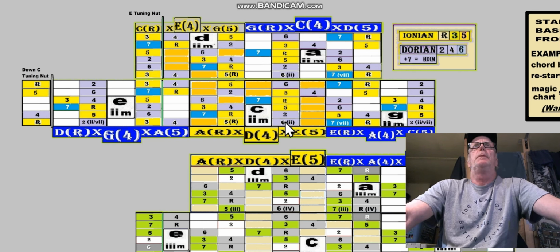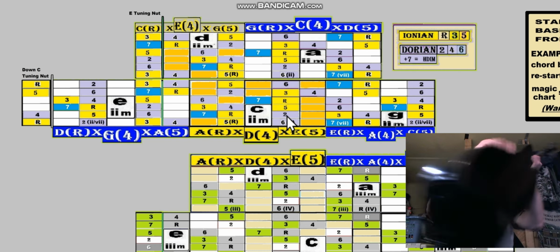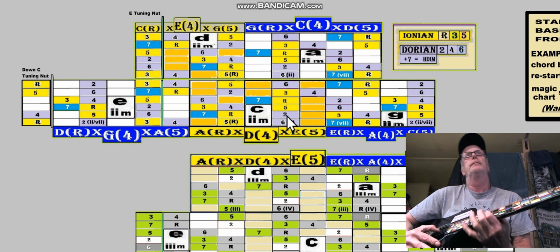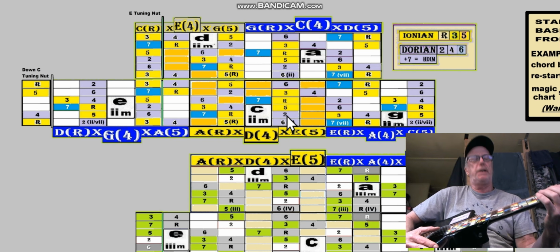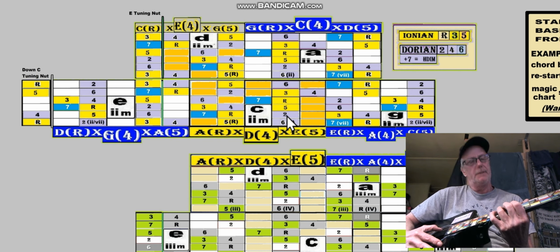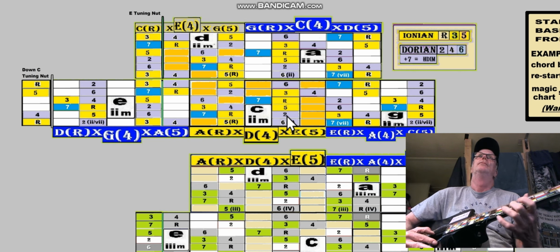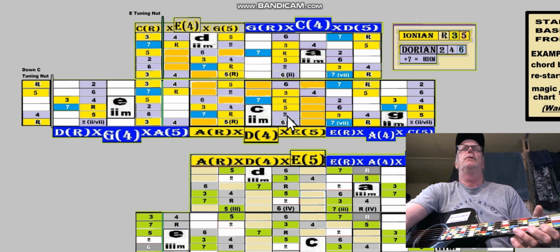So, go up here, 6 to 4, 2-5, or 6 to 4, I like that. Okay, let's start on that A. Now from there, I would go to the 4th on a staircase arpeggio.